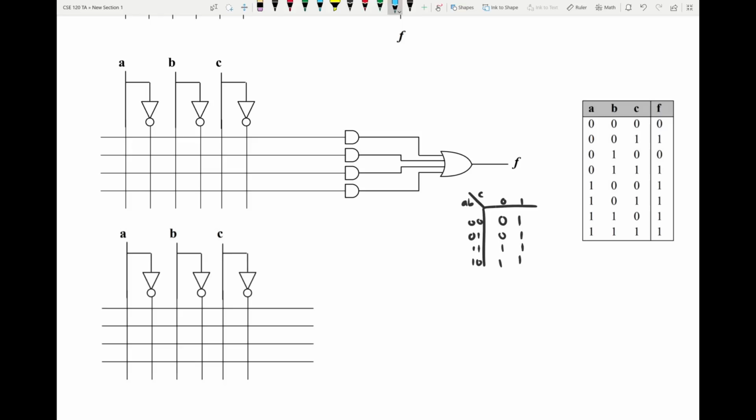All right. So now if we go ahead and complete our groupings, we can group 4 right there, and then another 4 right there. So essentially, we find that F is equal to A and C. Okay.